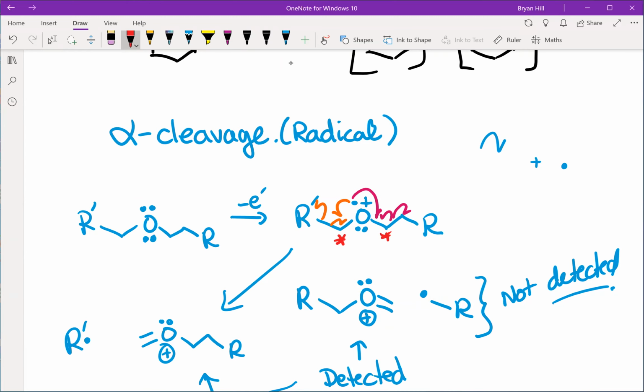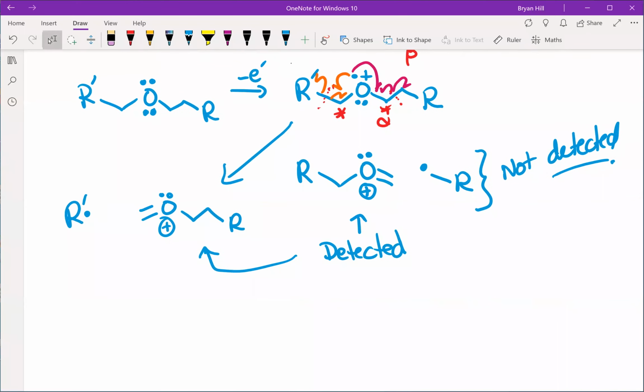The heteroatom's one carbon over would be the alpha carbon. The second carbon would be the beta. So you're actually breaking the bond between the alpha carbon and the beta carbon. So that's what's being broken in each case. And so you can do similar sorts of fragmentations for, so this was with an ether.